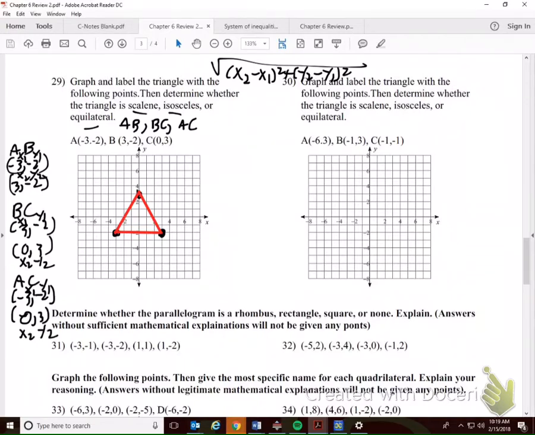I'm going to label them x1, y1, x2, y2. So for AB, I write out what point A is, -3, -2. I write out what point B is, 3, -2. I then attach them, x1, y1, x2, y2.